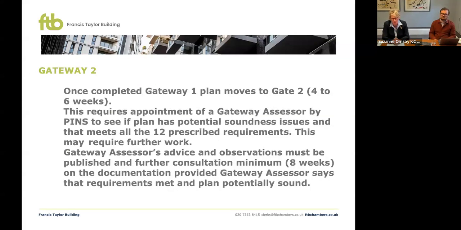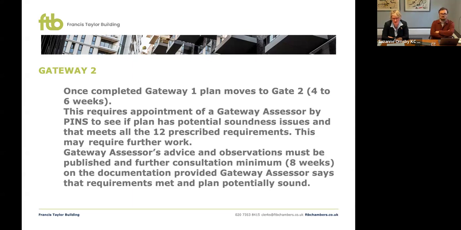Moving on then to Gateway 2, once the work in relation to Gateway 1 has been undertaken, the authority moves to Gateway 2, which is apparently going to only take 4 to 6 weeks. That requires the appointment by PINS of a gateway assessor.